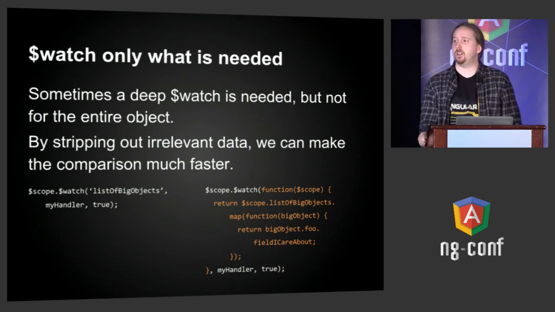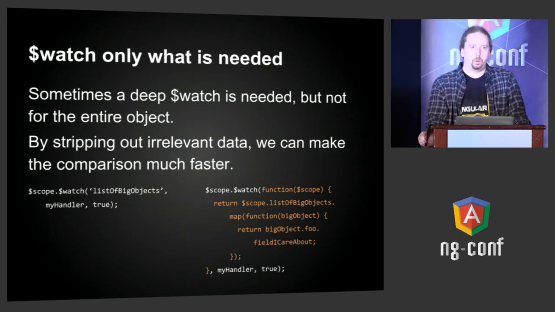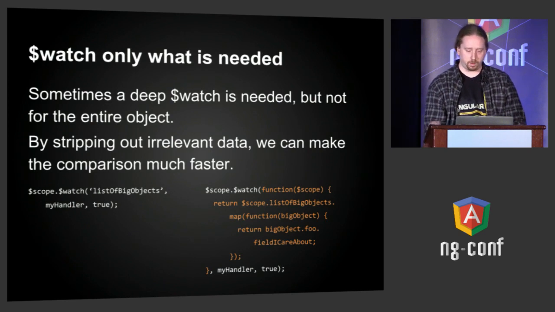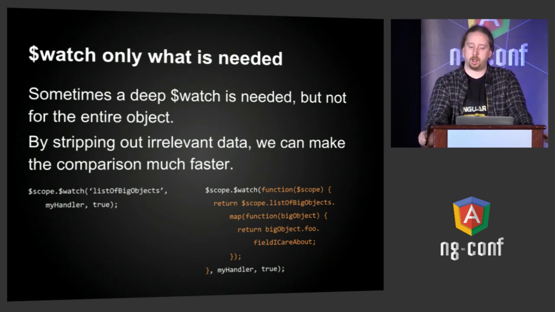And when profiling, I found out that the comparison on that was pretty expensive. So I went into the watcher function, and kind of similar to here, I used just a map to pull out only the part that I was interested in, and then watched that. And in spite of the added cost of the call to map, it actually turned out a lot faster.